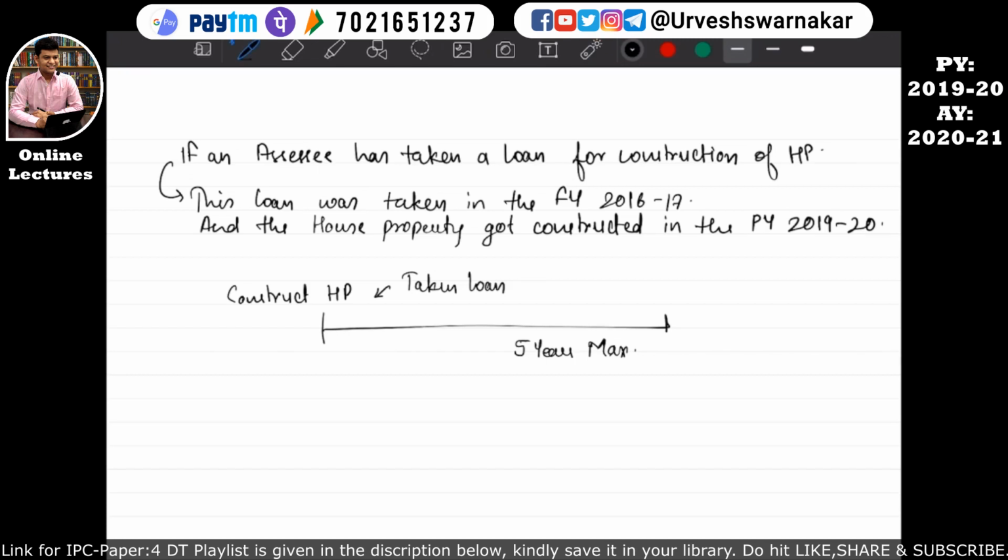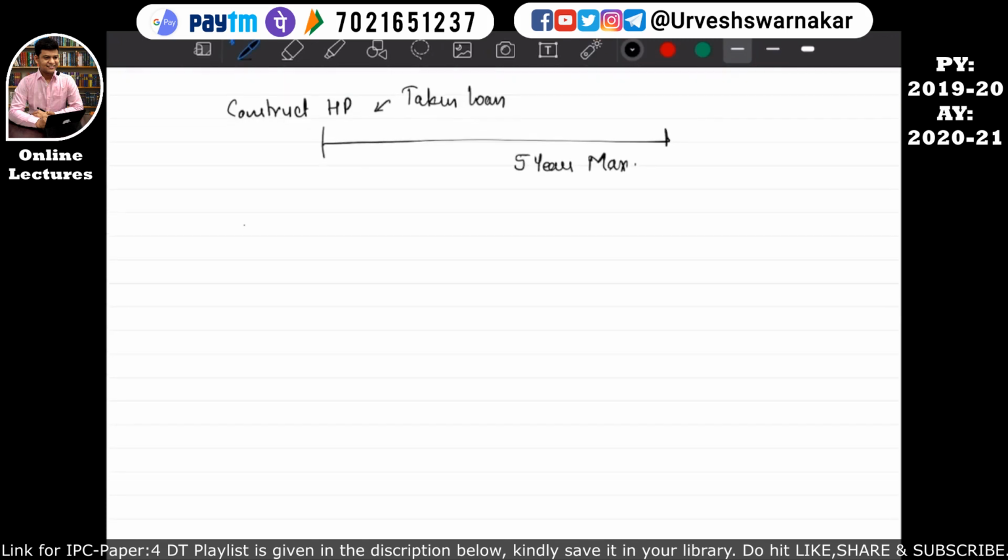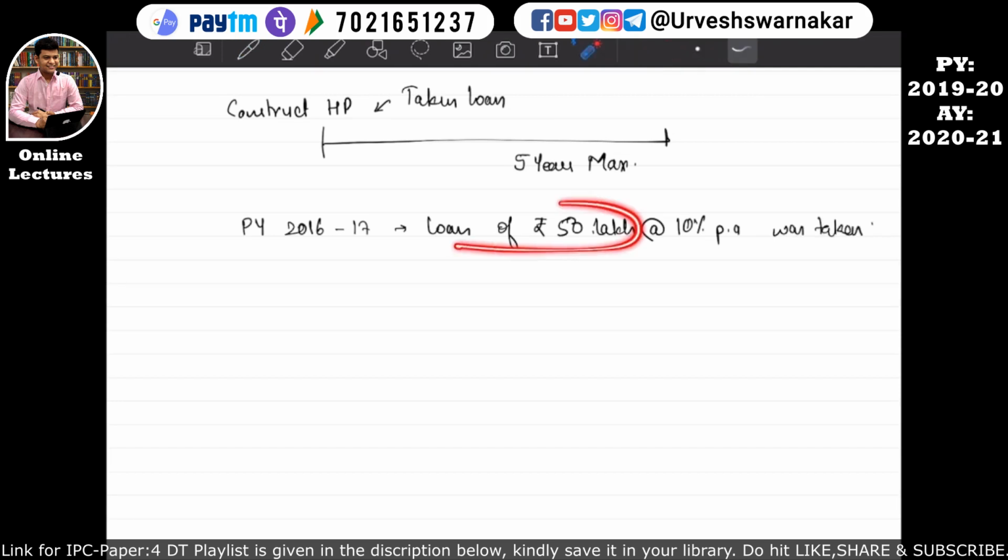How will it be allowed? Let's understand it. For example, in the previous year 2016-17, a loan of rupees 50 lakhs at the rate of 10% per annum was taken for the construction of house property, and the house property got completed in the previous year 2019-20.